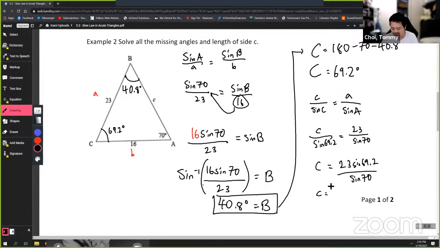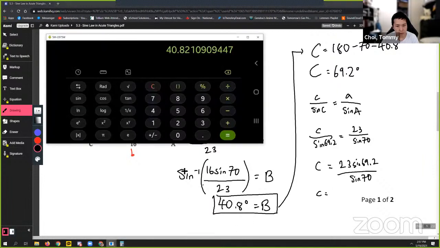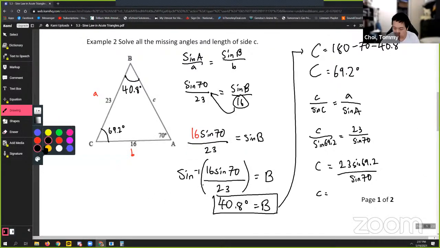And plugging that in on my calculator here, we got 23 sine 69.2 divided by sine 70. And I get 22.8, which is rounded to 22.9. And that would be your C.